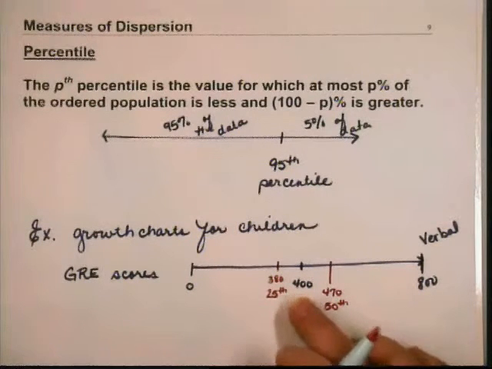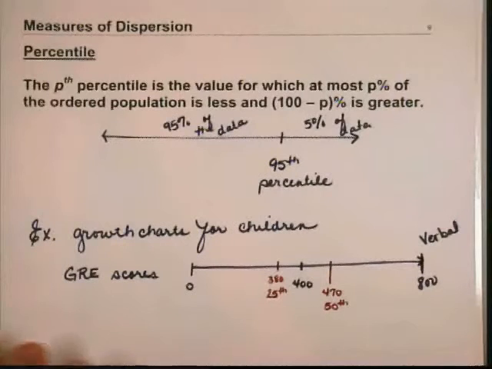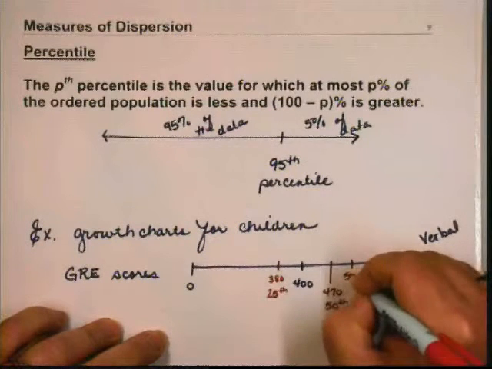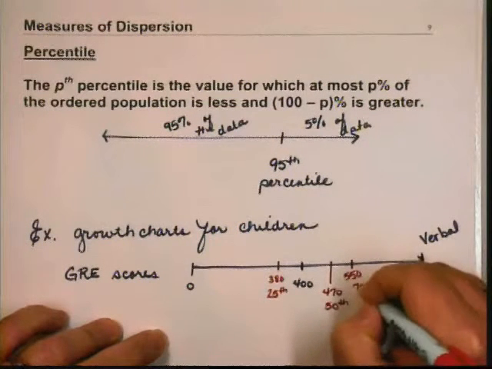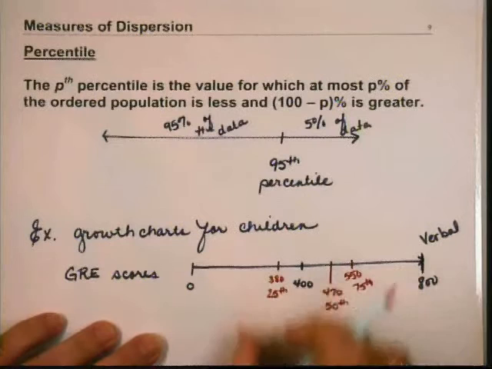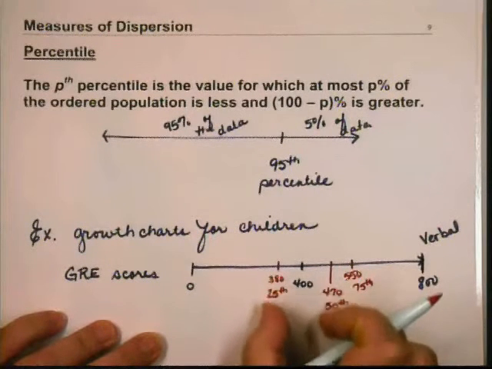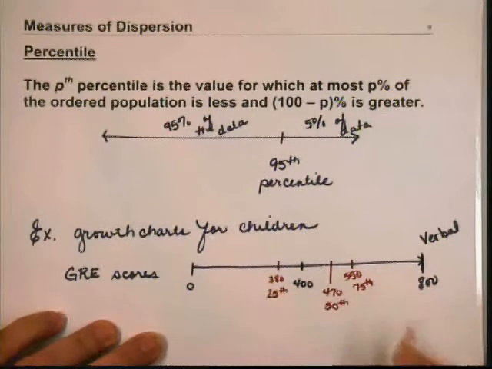It's not 400. Okay, and then I had 550, even closer to that, was the 75th. All right, so the idea is that 25% of the data is in this interval of 90. Another 25% of the data is in this interval of 80.